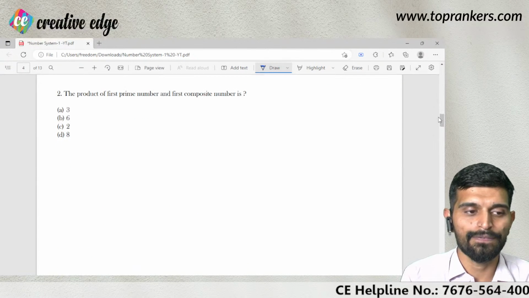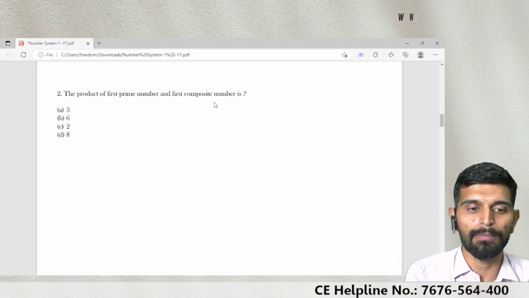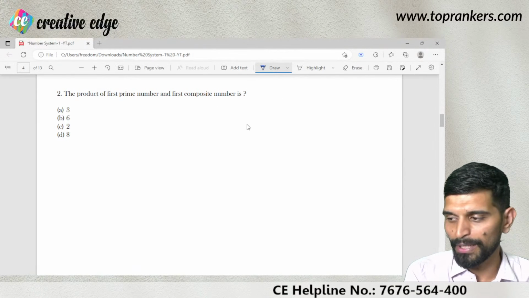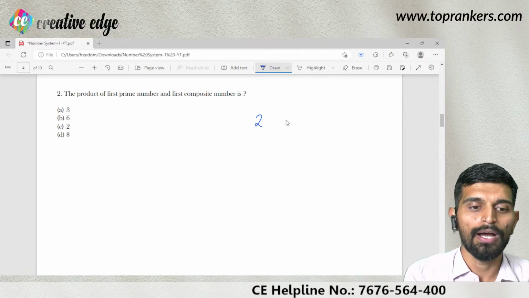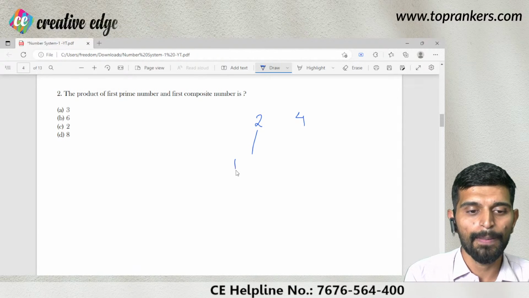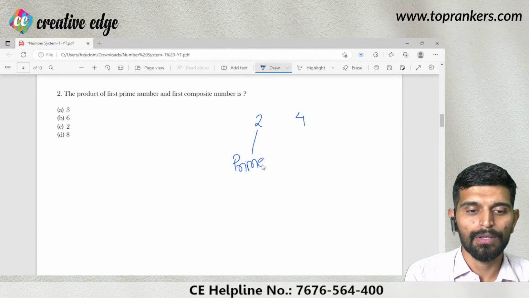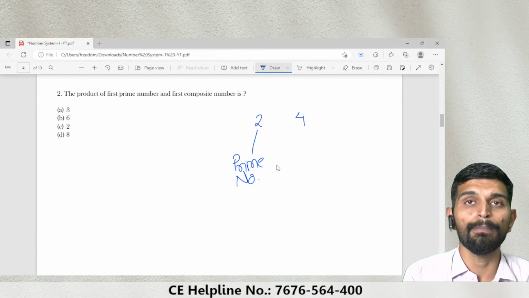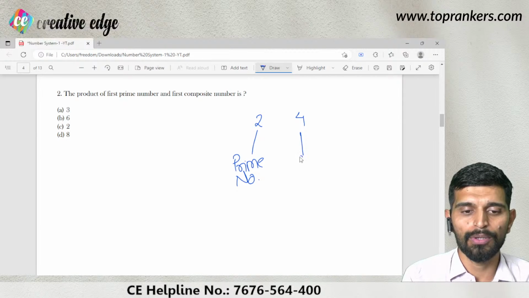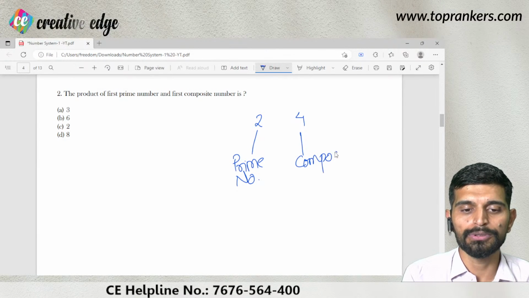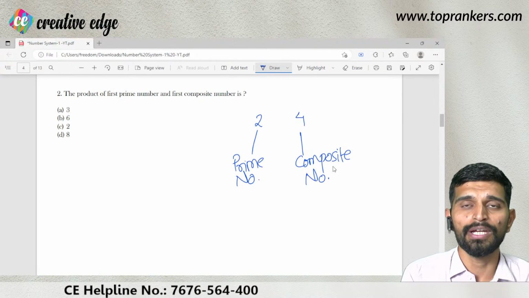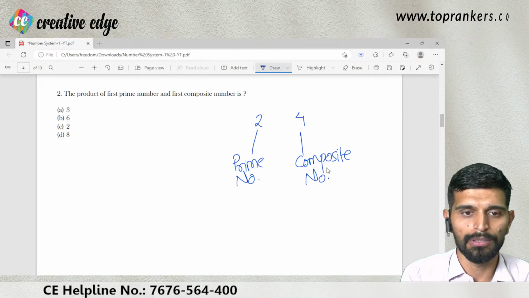Next, we have the product of the first prime number and the first composite number. The first prime number is 2 and the first composite number is 4. A prime number is a number that has exactly two distinct factors. A composite number is a number which has a minimum of three distinct factors, including that number itself.